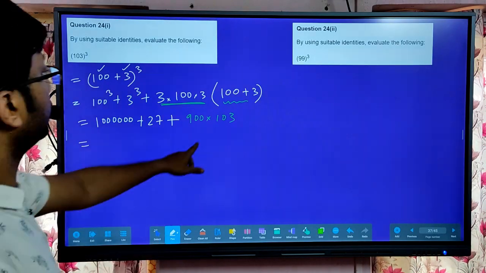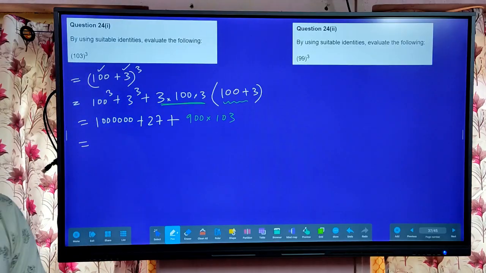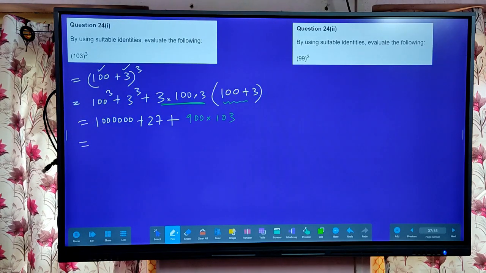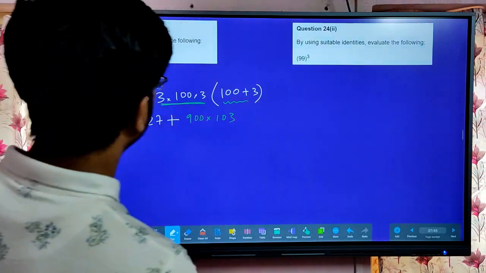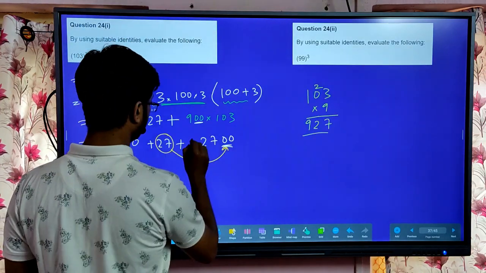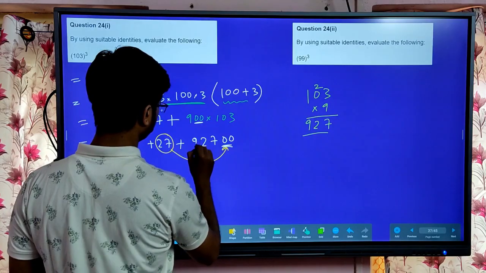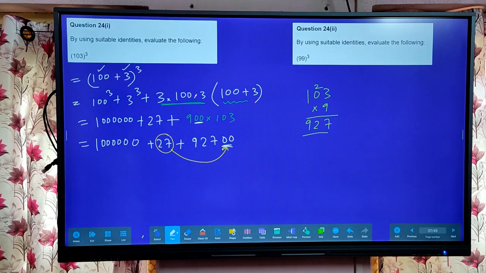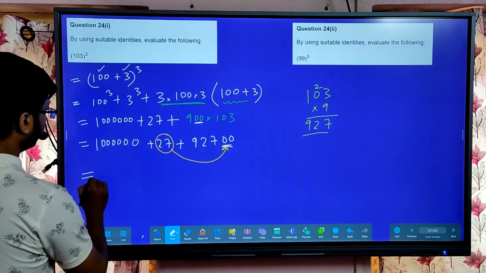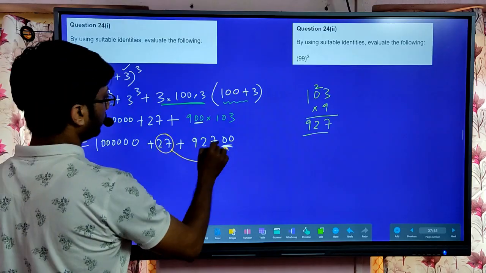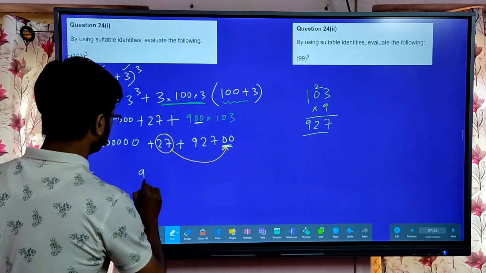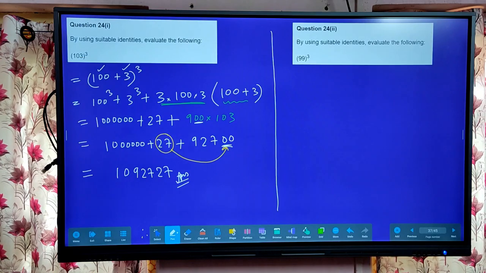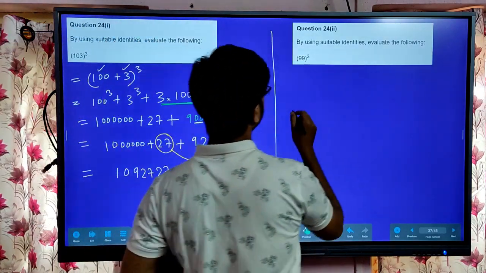When you do 103 into 9, what will come? 103 into 9 will be 92700. So same thing, 27 over here, so it will be 1,000,927. So let's see the next question, that is 99 cube.